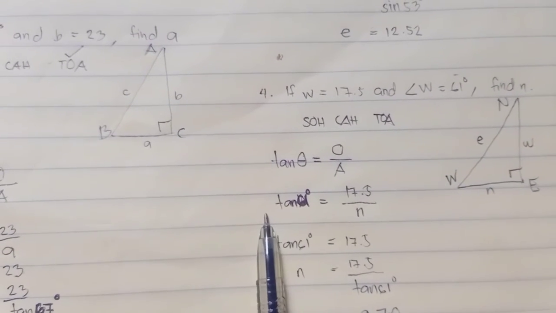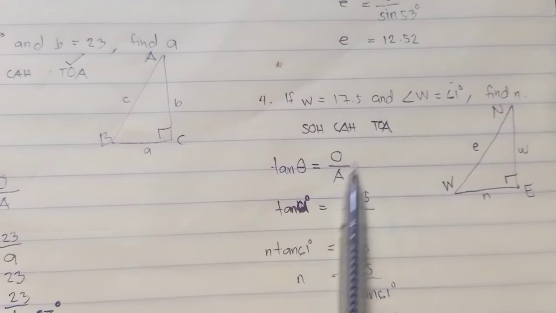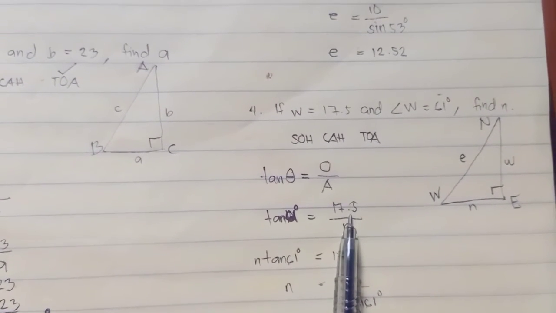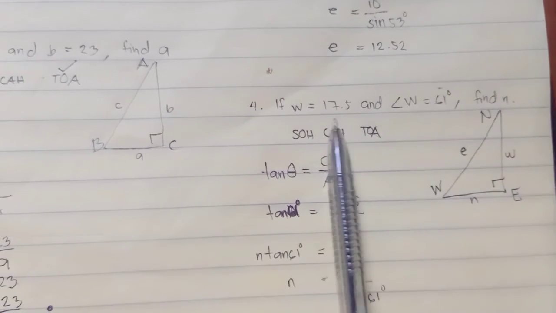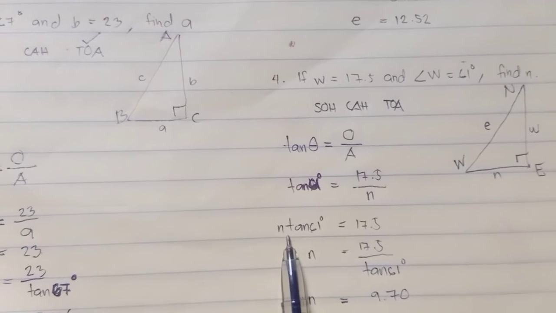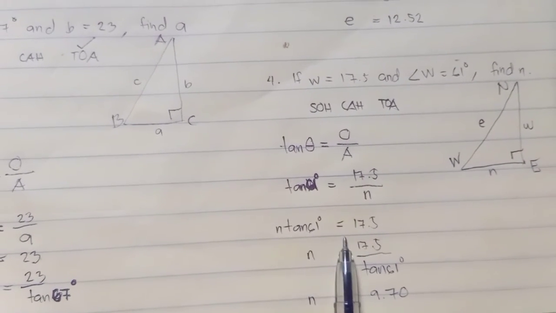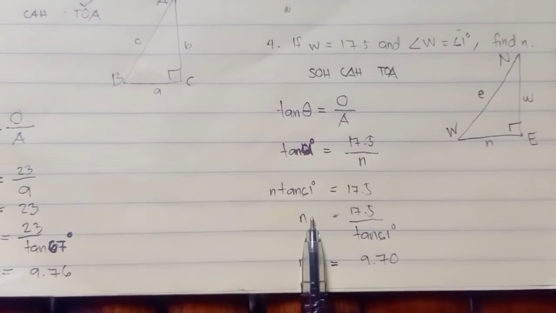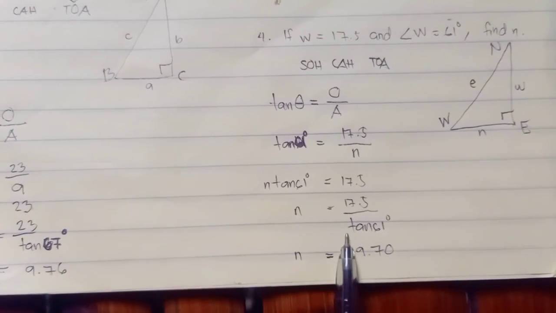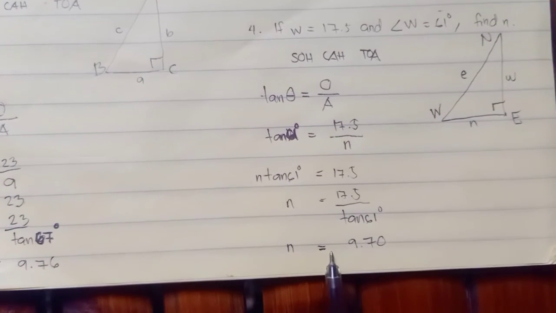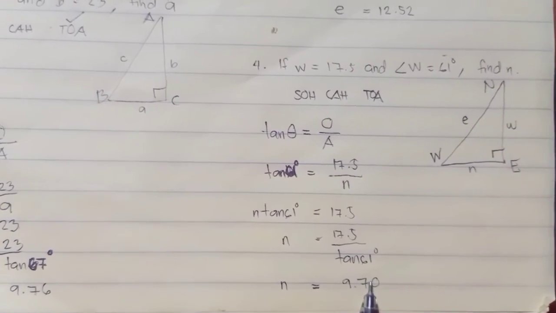Tangent 61 degrees is equal to 17.5, the given opposite, over the unknown n. Cross multiply: n tangent 61 degrees is equal to 17.5. So n is equal to 17.5 over tangent 61 degrees. By using your calculator, n is equal to 9.70.